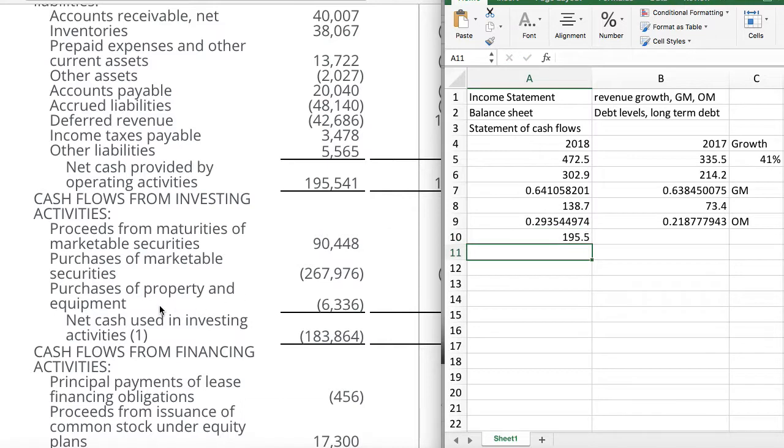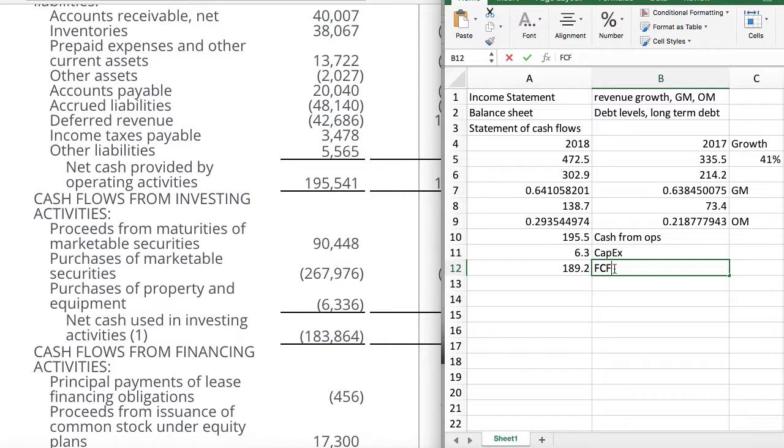And then we see down here that the purchases of property and equipment were 6.3 million. So this is 6.3 in capital expenditures. So this free cash flow number is the cash from ops minus the CapEx. So this is our free cash flow.